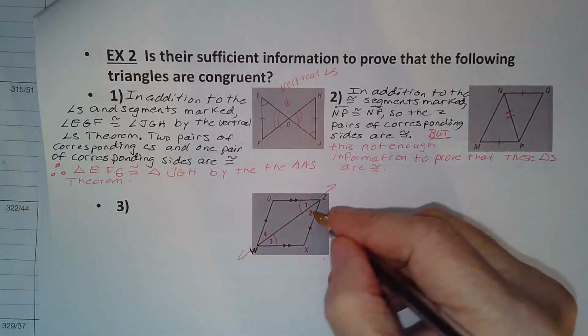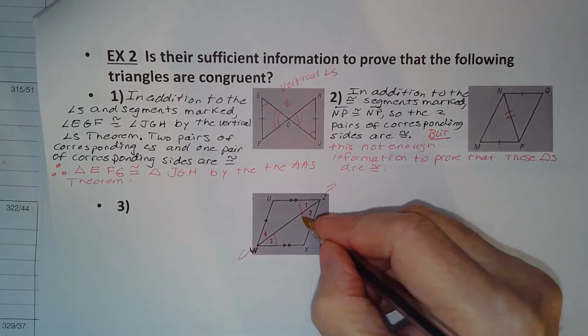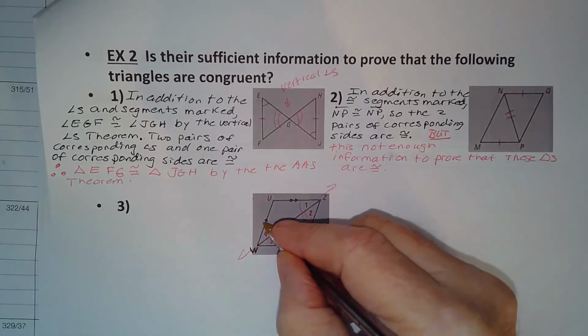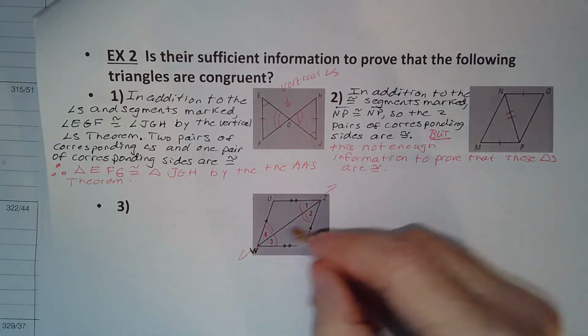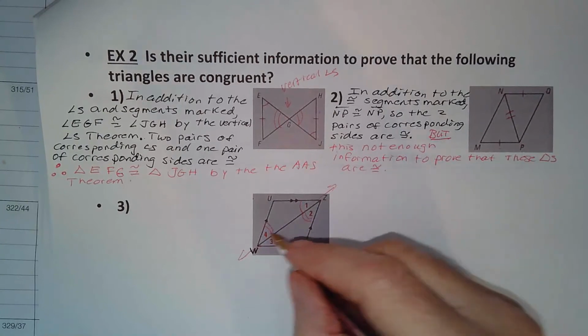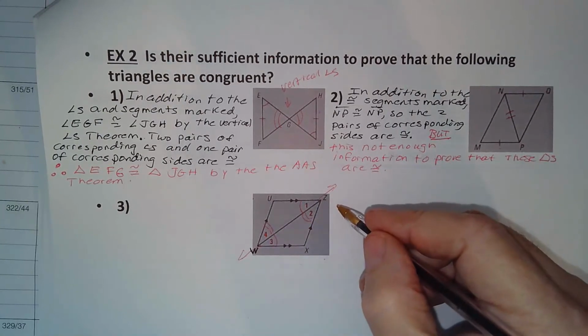And then similarly, angle 2 and angle 4 have to be congruent because they're also alternate interior angles. They just alternate across the other side of the transversal.